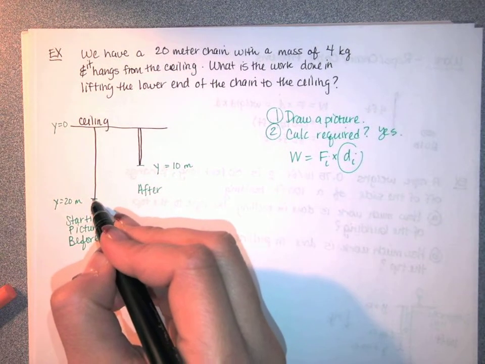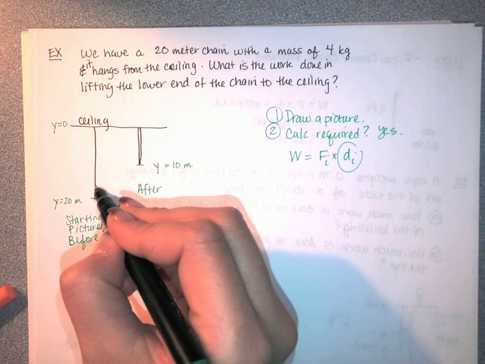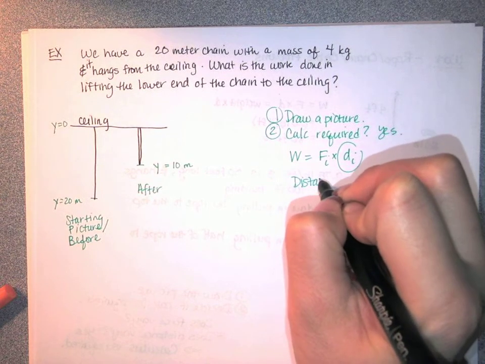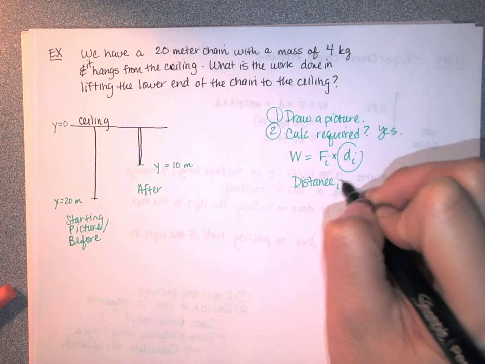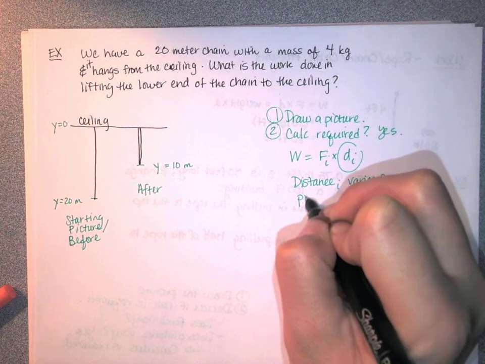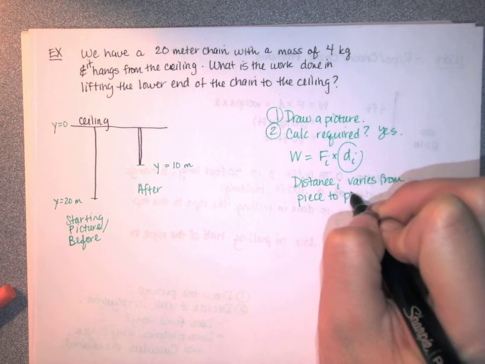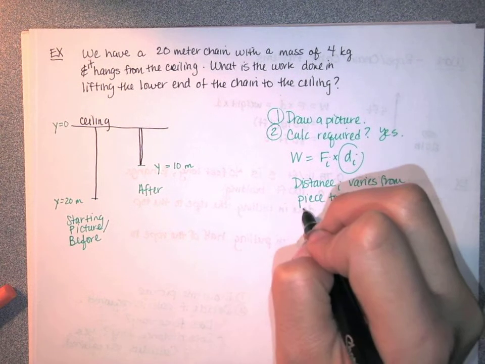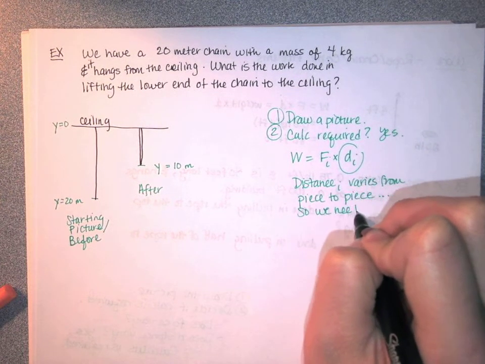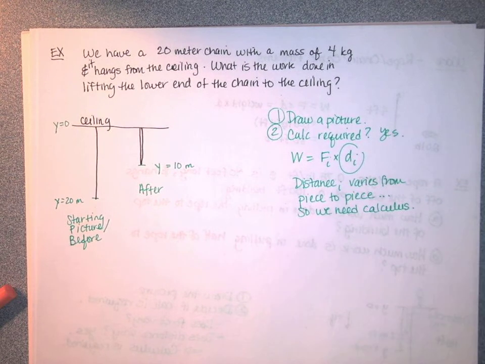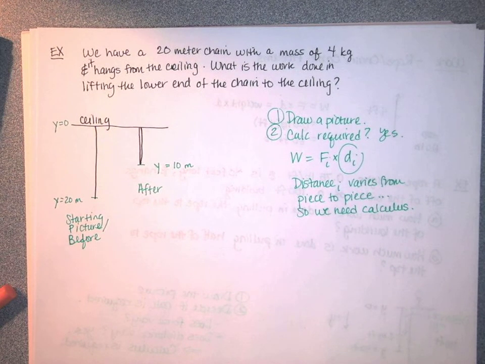The piece at y equals 20 moves a different distance than the piece at y equals 15. Okay. So with that in mind, we know we need calculus.